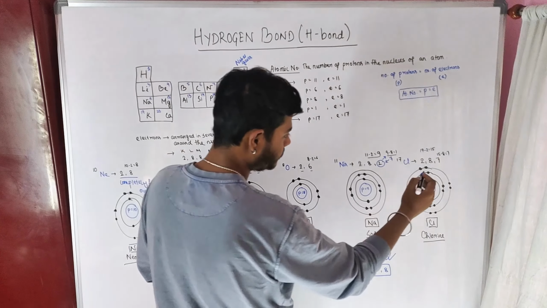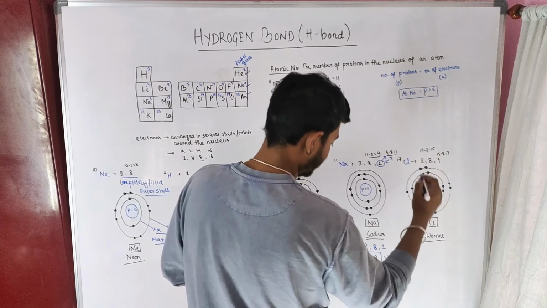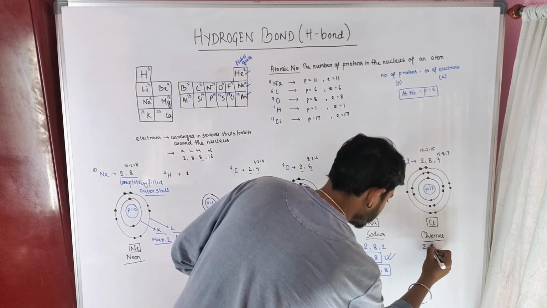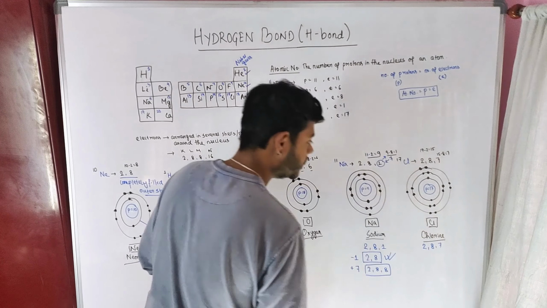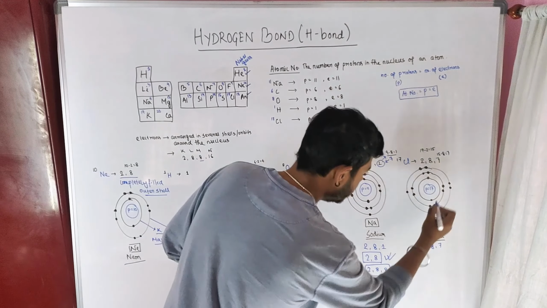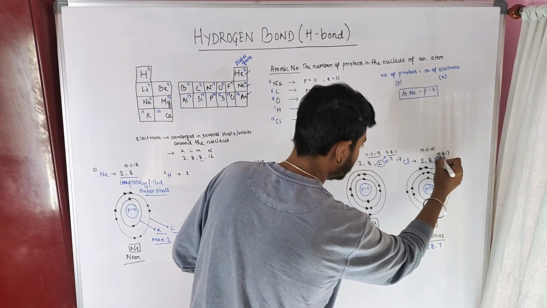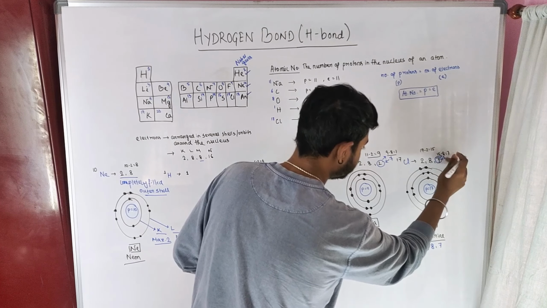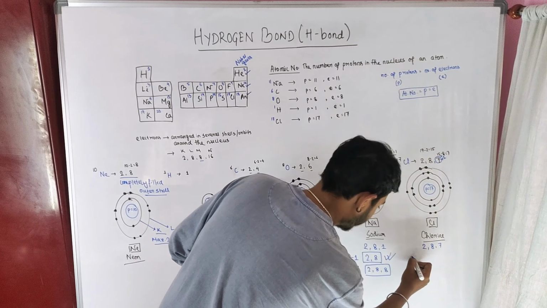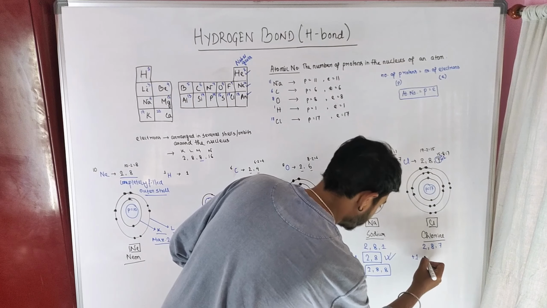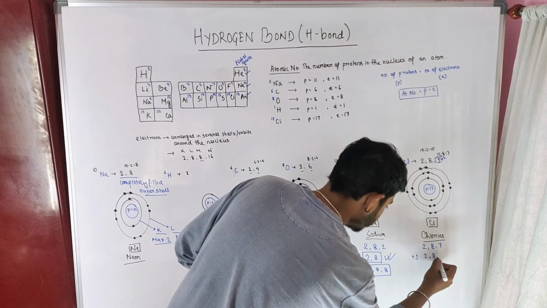Similarly, chlorine, it has 2, 8, 7. So chlorine will try to take in 1 electron or remove the 7 electrons it has. By taking in 1 electron, it will achieve 2, 8, 8.